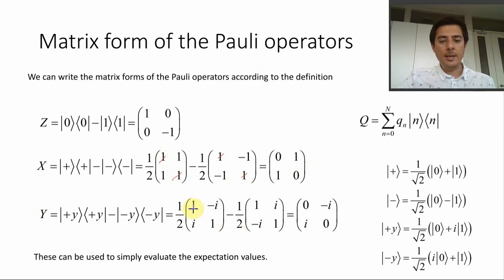Again, the diagonal terms cancel out, but these i's survive, and you get minus 2i divided by 2, which is -i, and you get an i here. These can be used to calculate the average values.